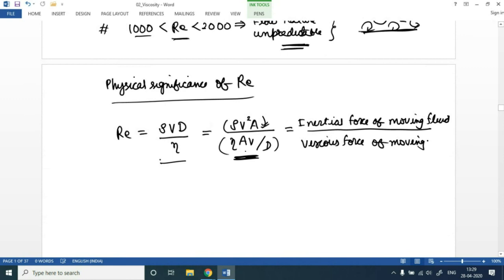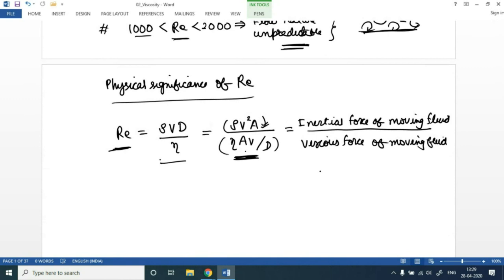So Reynolds number gives a ratio of the inertial forces upon the viscous force. If inertial forces are high, Reynolds number would be more, or if viscous force is low, Reynolds number would be high. That is a measure of whether the inertial forces or viscous forces are more, and depending upon that, we can predict the nature of flow. So this is basically the criteria of Reynolds number.